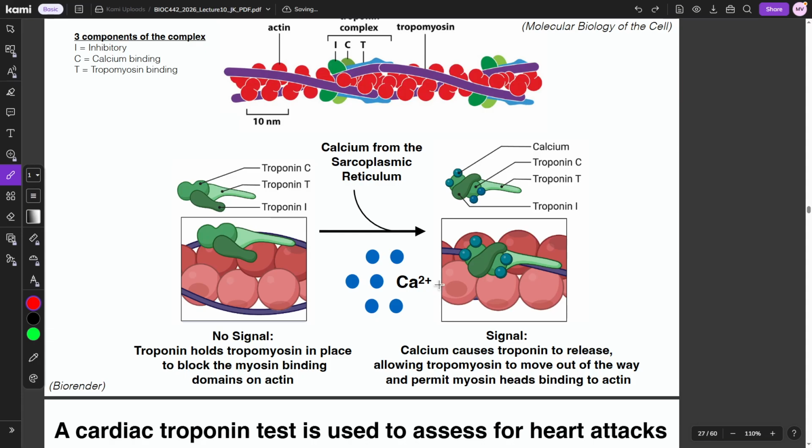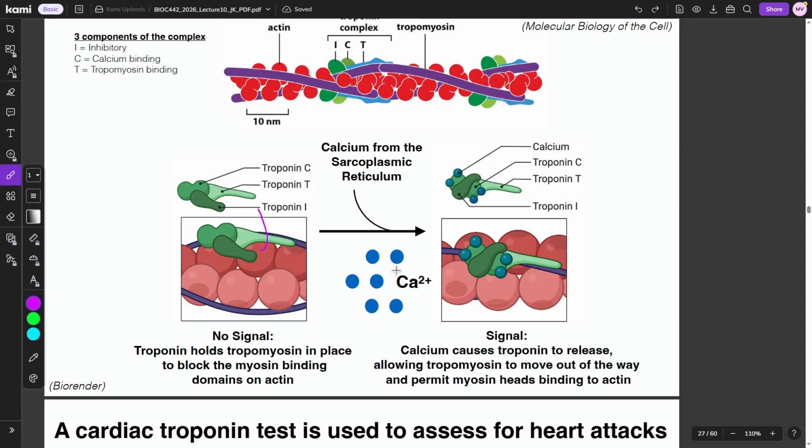When calcium binds to the calcium binding region, the inhibitory region shifts upwards. Actually, probably should use a different color. I'll use purple maybe.